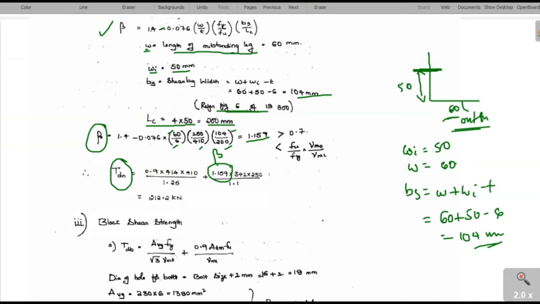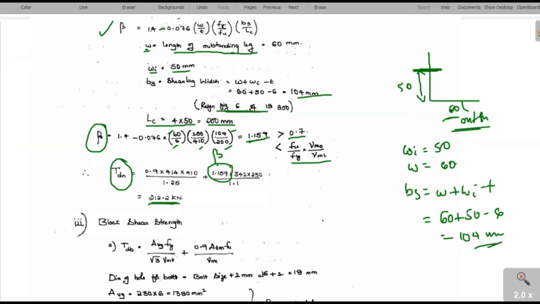And remember, this beta value should always be greater than 0.7 and should be less than Fu by Fy into gamma m0 by gamma m1. Okay, so you can check that it satisfies these conditions, and beta is 1.159. So on substitution, TDN is 212.2 kilonewton. And so this is the strength of the member in rupture.